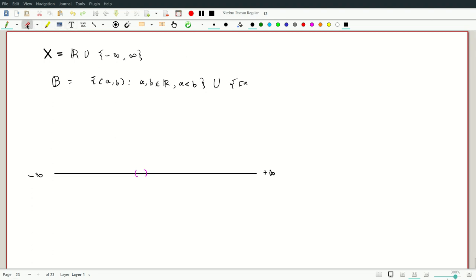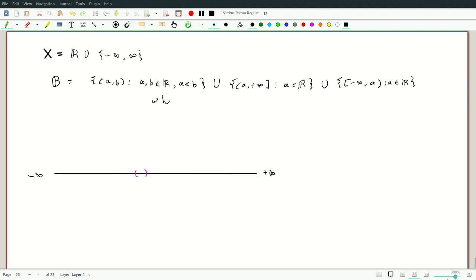It has to be open at a, so it's a mistake there. So open at a and closed at plus infinity, a in R, and another class of sets which I will again spell out, closed at minus infinity, open at a, in R.